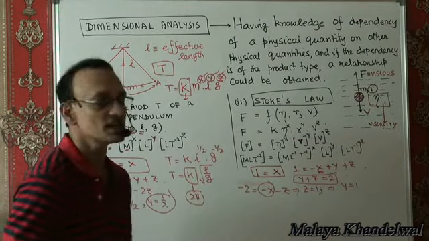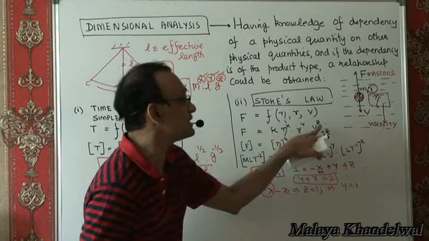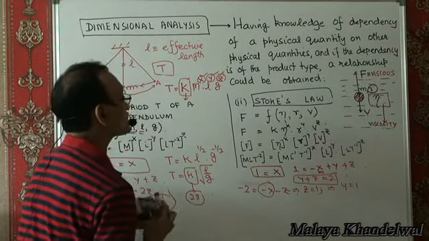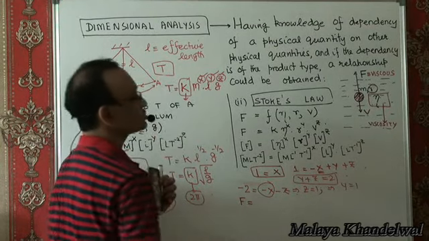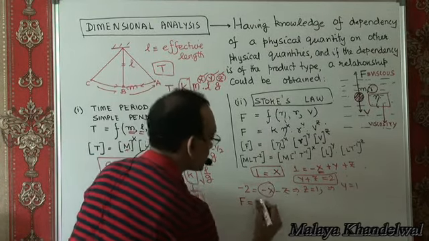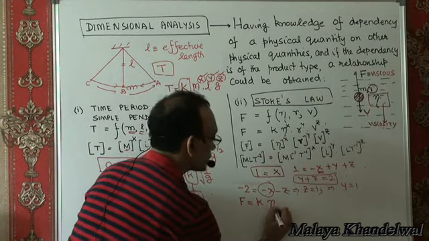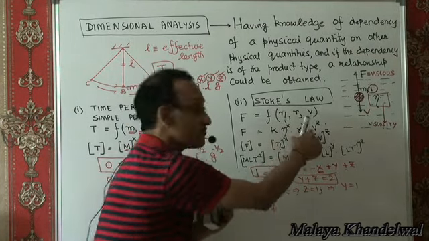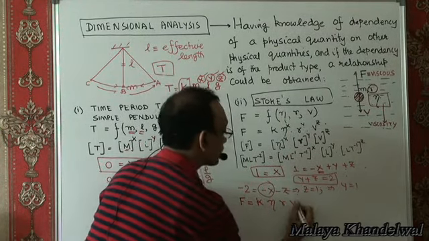Good for us, a simple looking formula for the viscous force. x is 1, y is 1, z is 1. So the viscous force experienced is going to be k times eta to the power 1, r to the power 1, and v to the power 1.